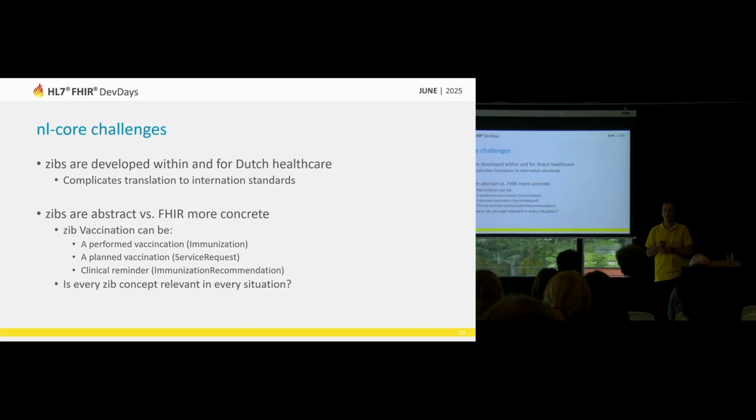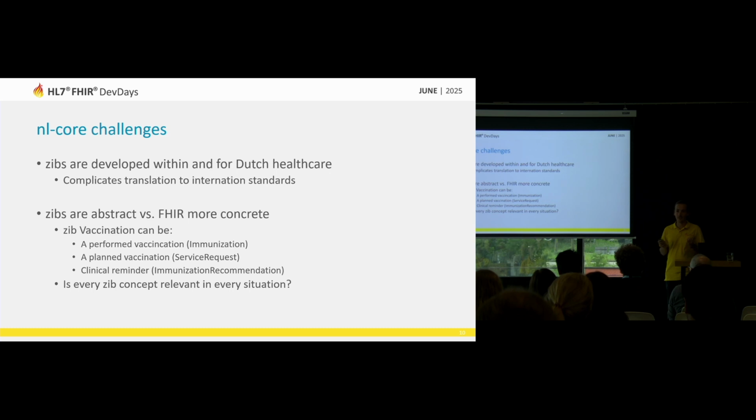For a vaccination in the zip, it can be a vaccination that has been performed, or is ordered, or is a clinical reminder. It's all in one model, but in FHIR that ends up in three different resources. And then it's very hard to know within the zip if every concept is relevant in every profile. So those are some of the hard mapping things.